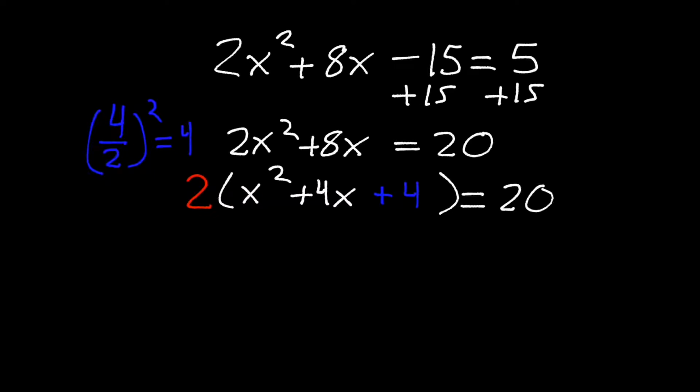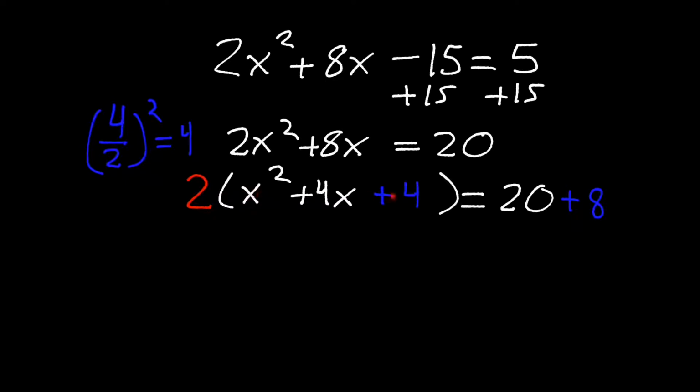Because really, we didn't add 4 to the equation. We added 4 times 2. So if I want to balance this equation, I'm going to have to add 8 to the right side. Because what is 2 times 4? It is 8.